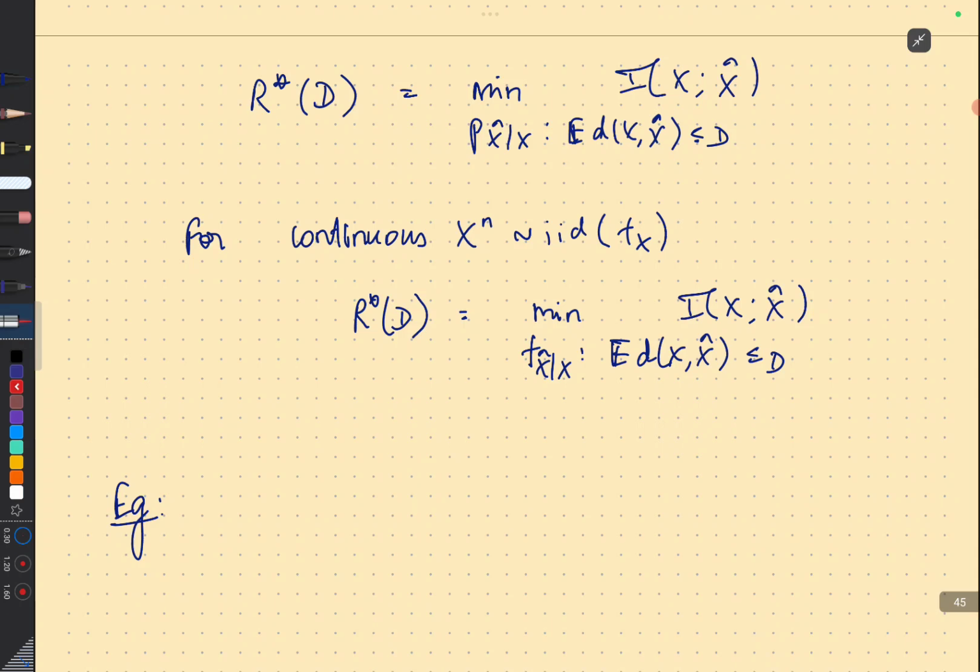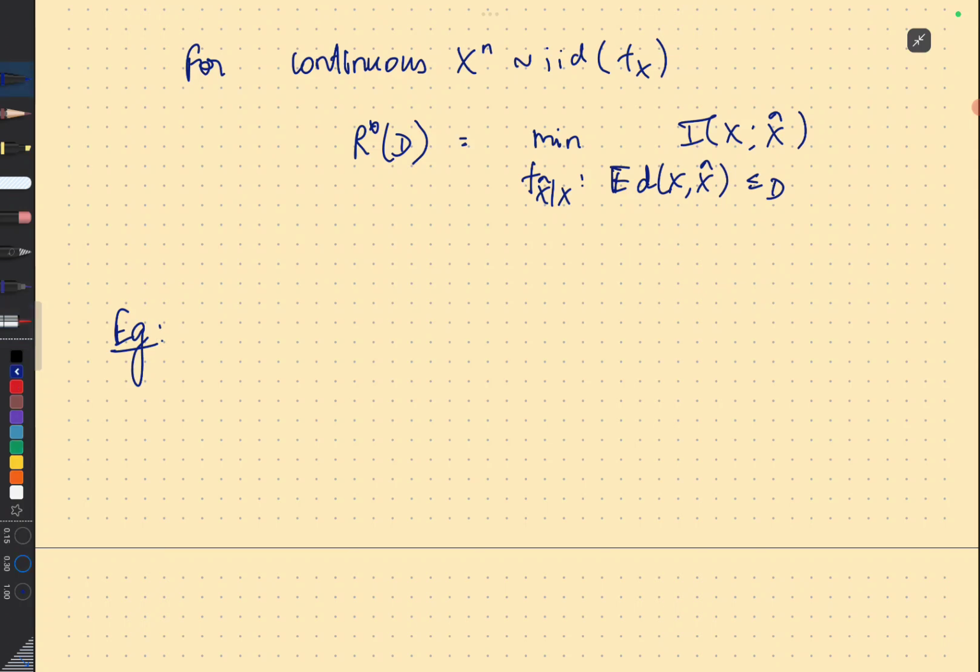The most general way is to solve this minimization problem using Lagrange multipliers or some constrained optimization technique. But in many cases, there is a simpler way, which uses tools from information theory itself. Many of these involve guessing what the solution should be and showing that it in fact achieves this particular minimum.